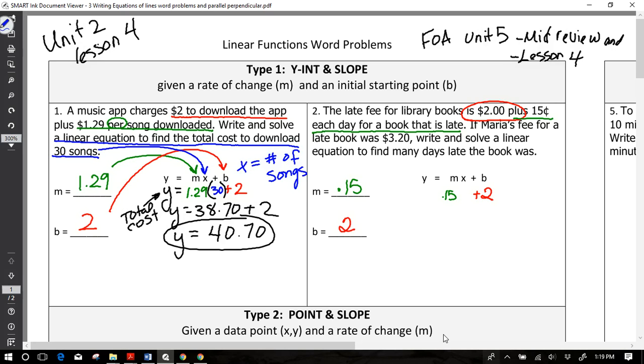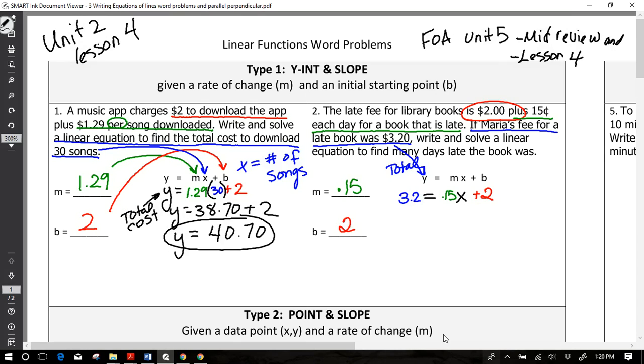If Maria's fee for a late book was $3.20, that is the total that she has to pay, and that's going to be my y value. So $3.20. All right, so I have written my equation.